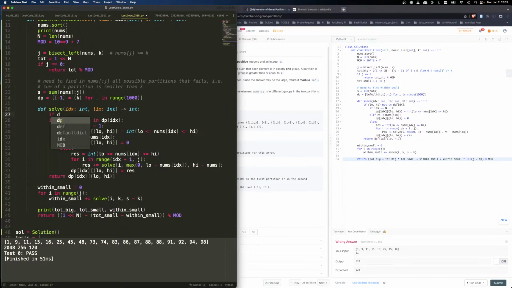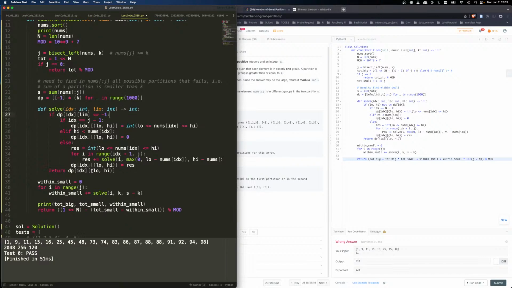So if dp[index][limit] is equal to -1, then we handle it. Otherwise, we'll return it. If this, then lim equals int this smaller or equal to limit.